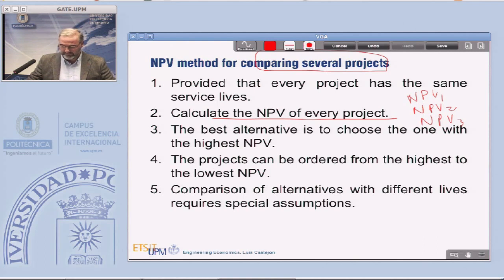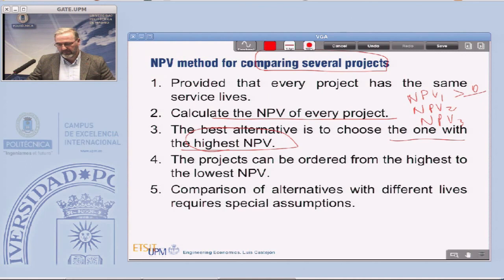All of them have a net present value higher than 0, so they pass the first filter. But we have to choose among them. We will choose the one with the highest net present value.